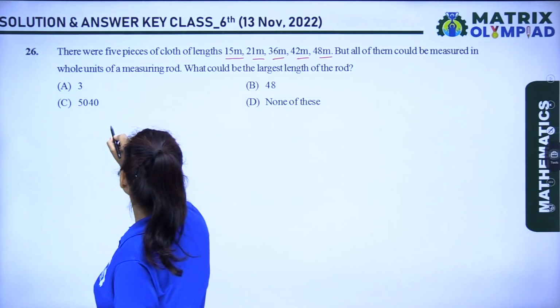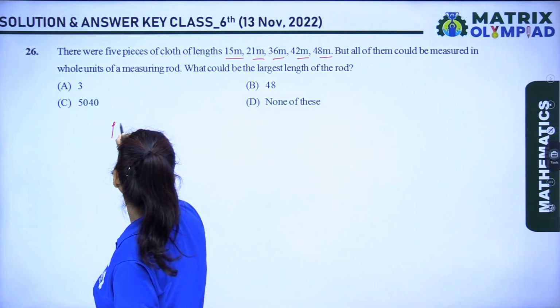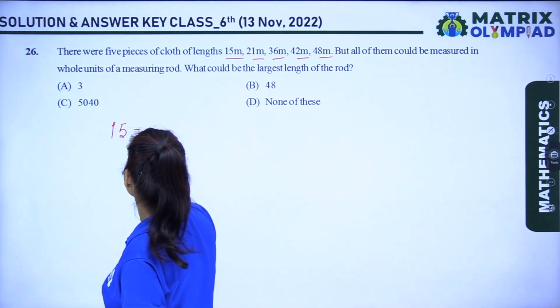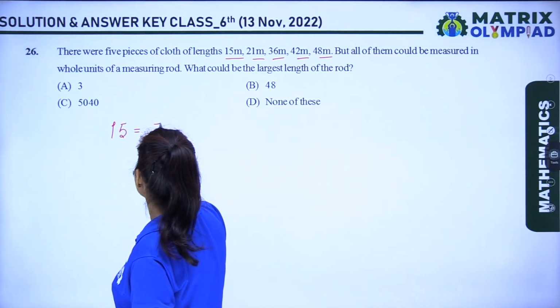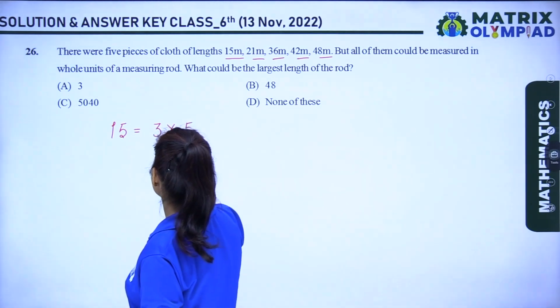So let's write down the prime factorization of 15, which is 3 multiplied by 5.